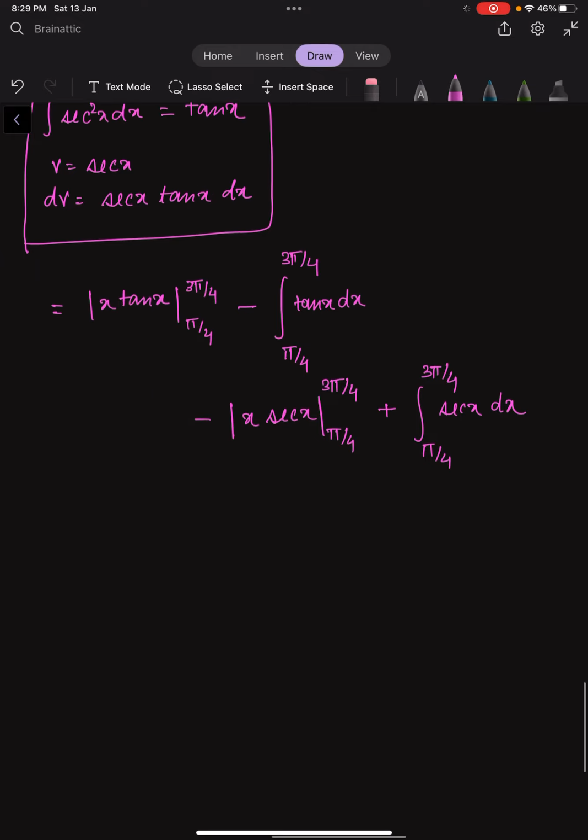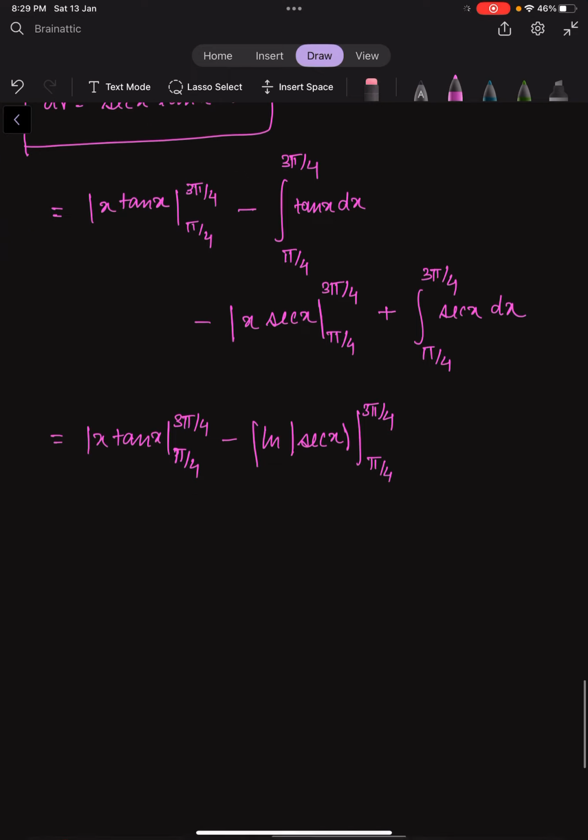Okay, perfect. So now we have x tan x in the range pi by 4 to 3 pi by 4, minus the integral of tan x, which we know is nothing but ln secant x, and we have to apply the range pi by 4 to 3 pi by 4.